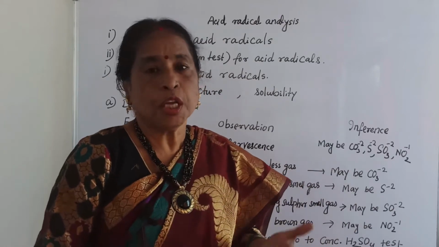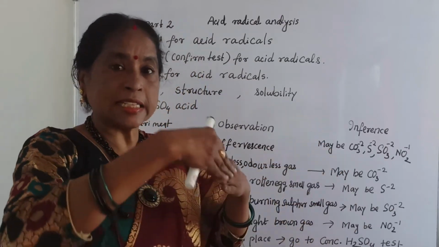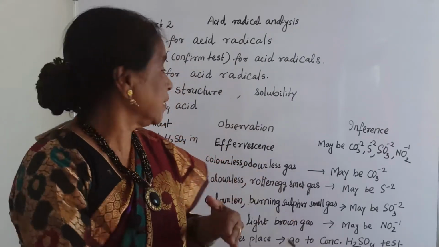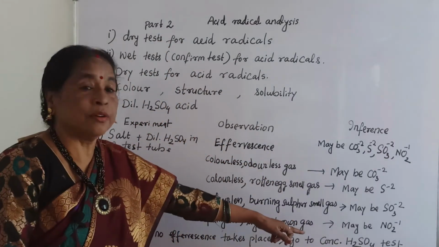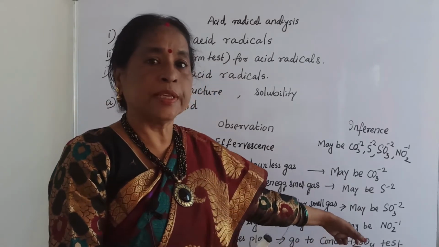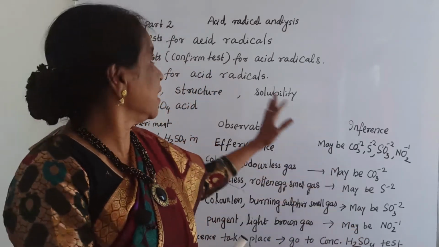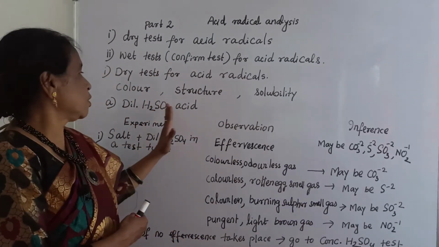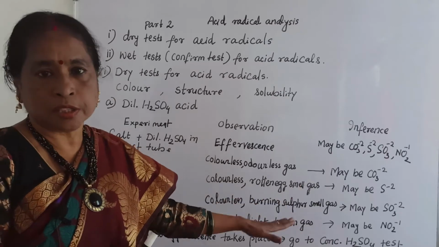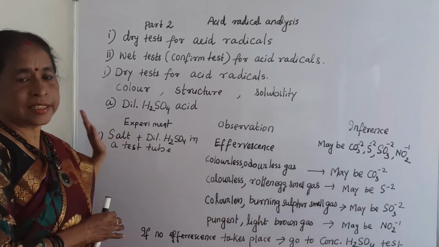Then what to do? You will go to the next higher level, that is the second level, or you can say the second group, that is the concentrated sulfuric acid test. Here the first group, dilute sulfuric acid, finishes. If not present, then you will go to the concentrated sulfuric acid test.